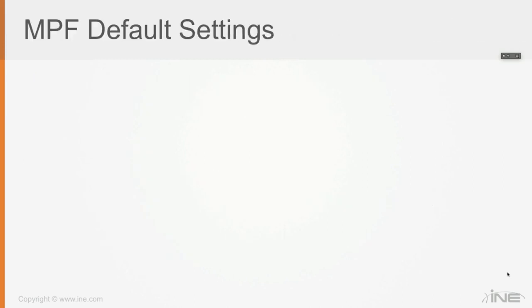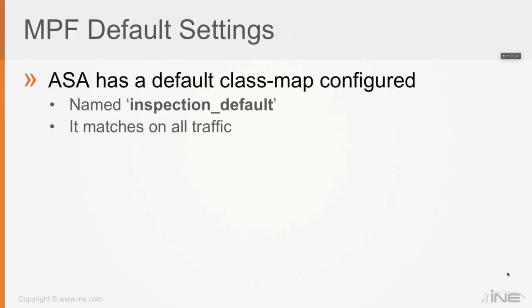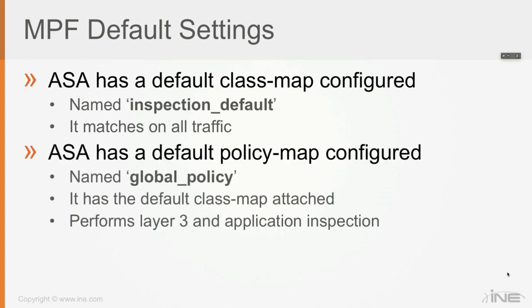Now, MPF has some default settings. ASA has a default class map configured, named inspection default, which matches on all traffic. ASA also has a default policy map configured named global policy, which has the default class map attached, and which performs layer 3 and application inspection by default.